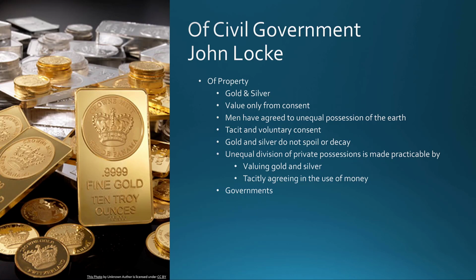The obvious feature of gold and silver is that if you have a gold ring or watch, check it for an expiration date. Obviously that's absurd. Gold and silver don't spoil or decay. He claims that this could be hoarded without injury since they don't decay.